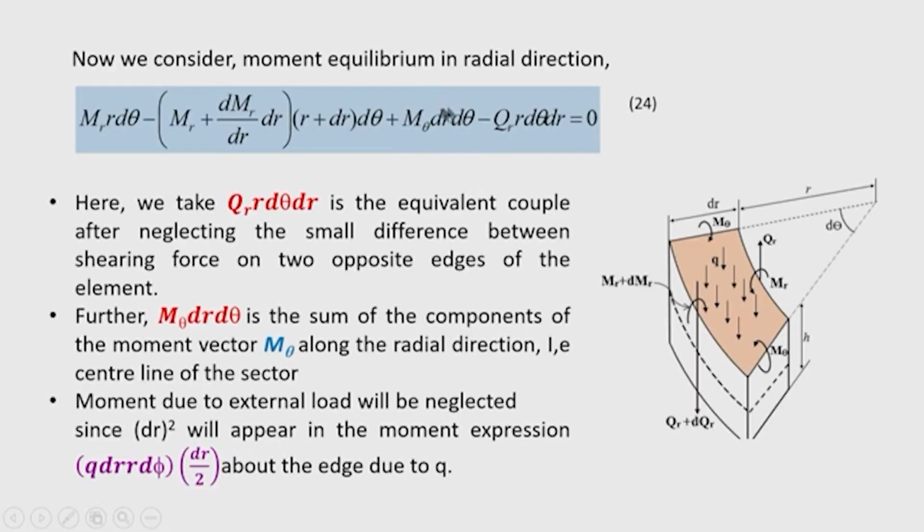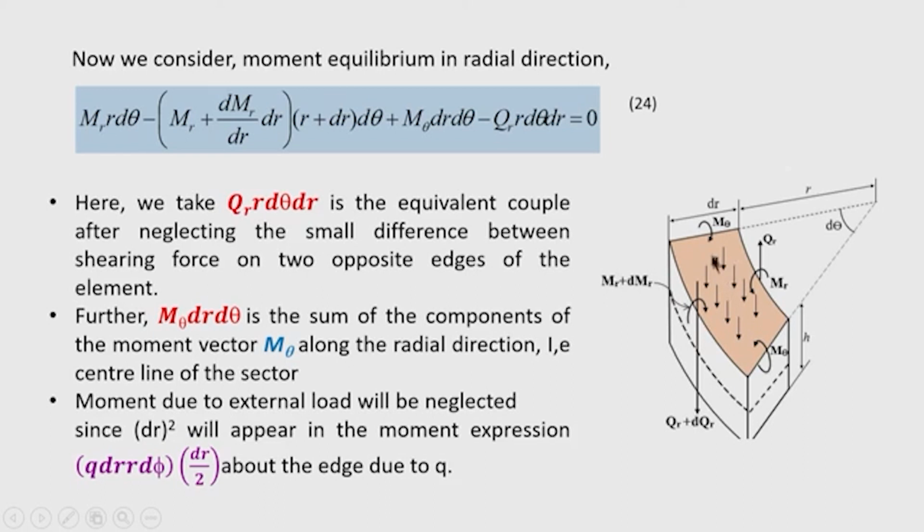So, therefore, the components are added, and we have written m theta d r d theta as another term in the equilibrium equation. Further, m theta d r d theta is the sum of the components of the moment vector m theta along the radial direction. Another thing is that when we take the moment of the external load about any edge, this length is d r.